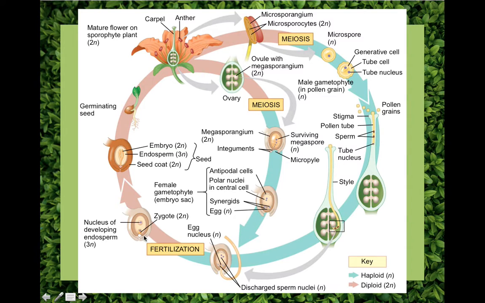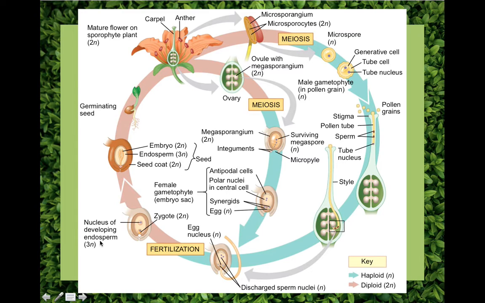So one of those sperm is going to fuse with the egg to form the zygote, and the other sperm nucleus is going to fuse with the polar nuclei, those 2 nuclei in the central cell, to form a triploid nucleus that's going to grow by mitosis into the endosperm. So the endosperm of flowering plants is triploid.